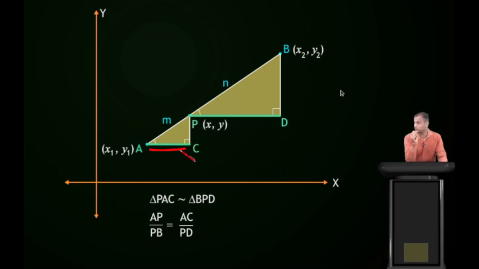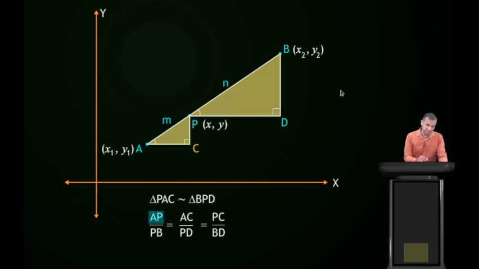So AP upon PB equals AC upon PD, and it also equals PC upon BD.